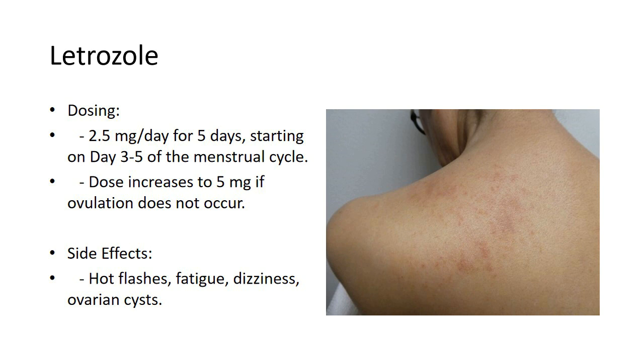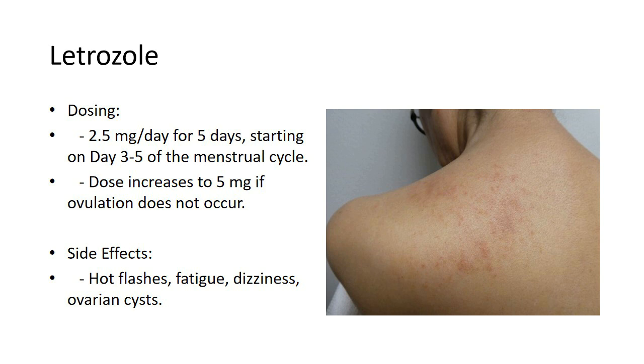Dosing protocols: starting dose 2.5 milligrams per day, orally for 5 days, on cycle days 3 to 7 or 5 to 9. If no ovulation, increase to 5 milligrams per day, up to 7.5 milligrams per day.